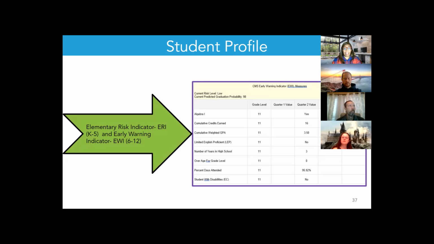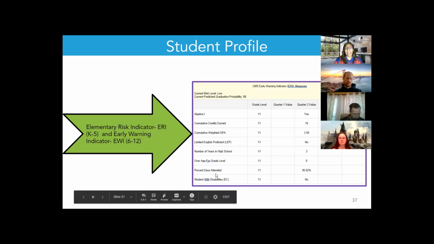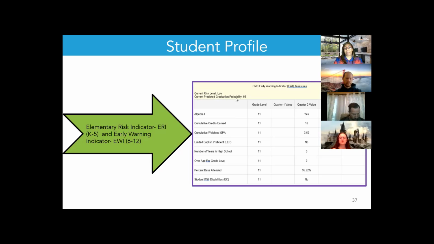So K5 is ERI and 6-12 is EWI. We'll talk a little bit more about this in a minute. I don't want to dig into it deeply, but you're going to get all of their indicators here. And then for my middle school and high school, you get predicted graduation probability. So you'll get that and what their risk level is. We'll dig more into that in just a second.